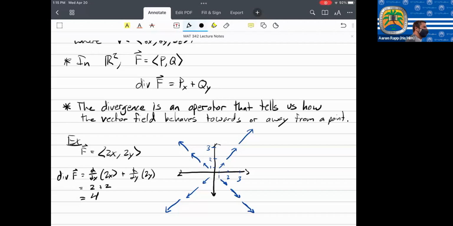So I get a divergence of 4, because I'm seeing points changing. As I move, I'm essentially going out more than I'm coming in. I'm accelerating as I go out.